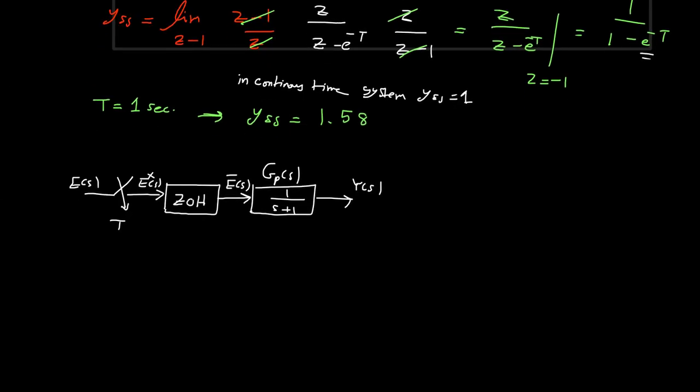Now again, Y of s will equal 1 minus exponential minus Ts over s, which is the zero order hold transfer function, multiplied by G of s, which is 1 over s plus 1, multiplied by E star of s.